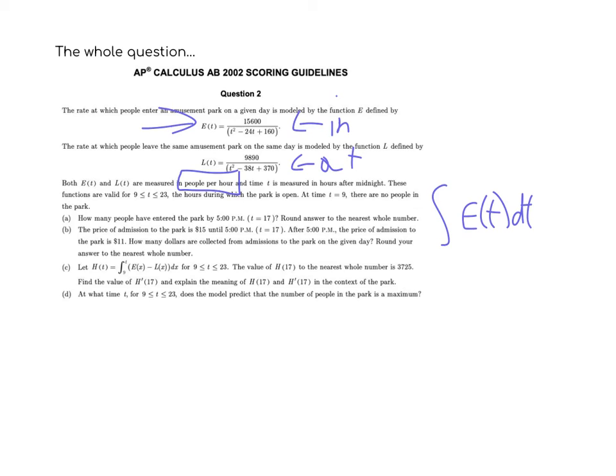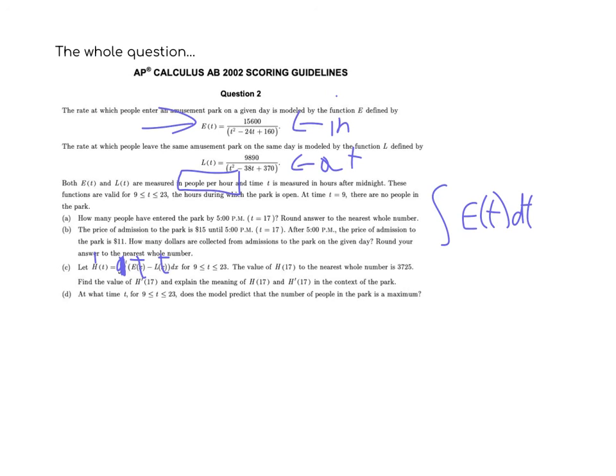The derivative is just, get rid of this part. So h prime of t is e of t minus L of t. I guess I should put t's there, that might make more sense. And so that's the rate at which people are either entering or leaving overall. We got a negative number there, so more people are leaving than coming in.